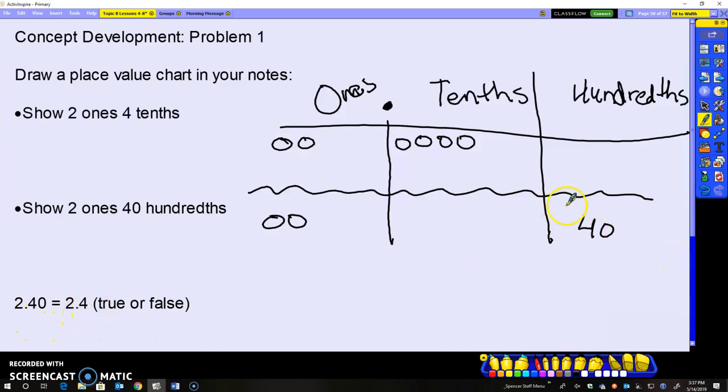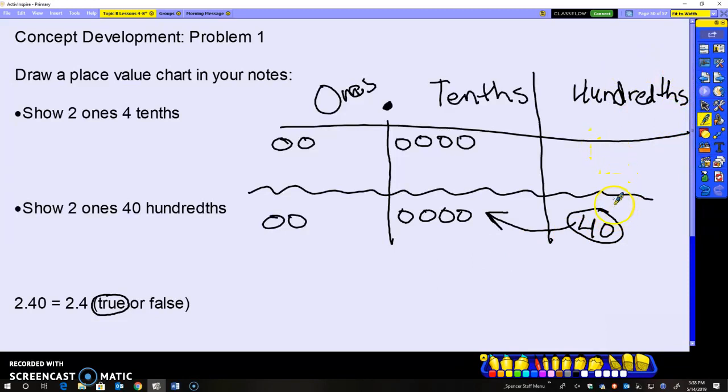Well, if you understand that these 40 hundredths are going to be composed into groups of 10 and turn into 4 tenths, you know that this statement, that this decimal and this decimal, is true. Okay, I've talked about that a little bit to get you introduced.